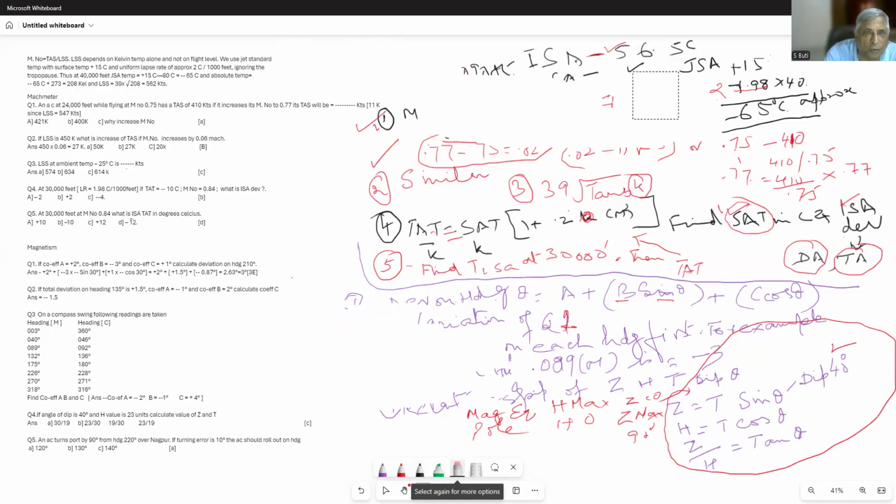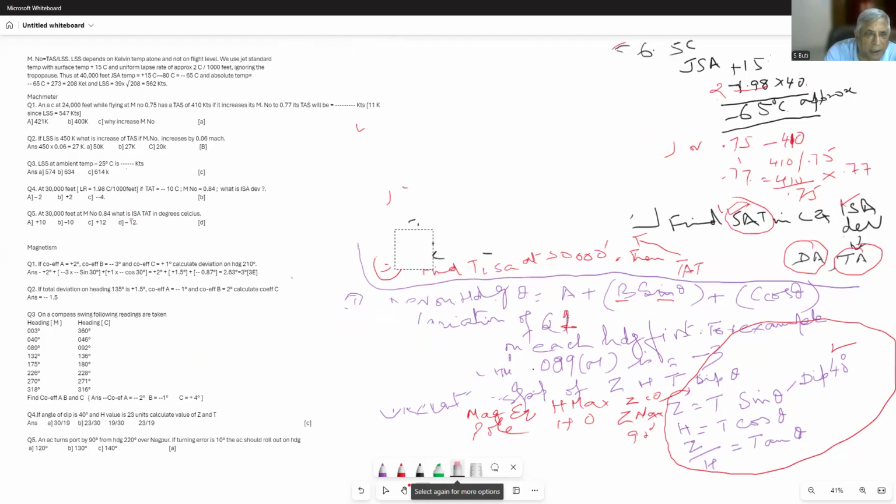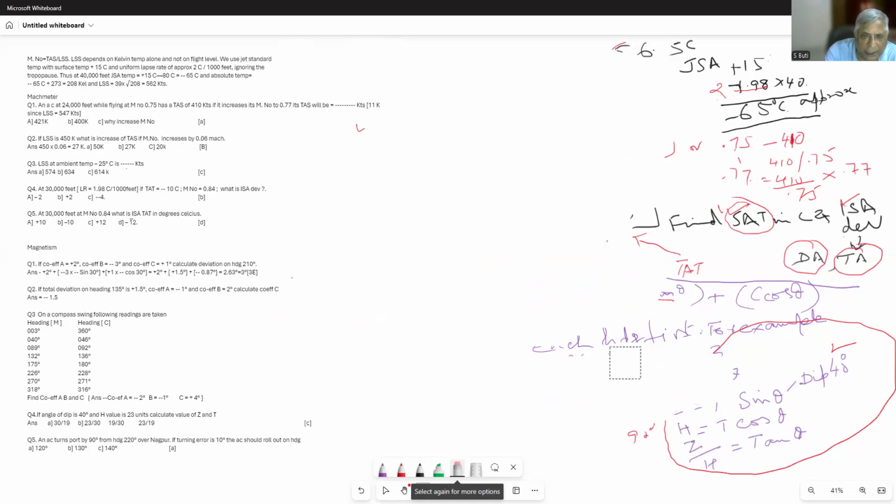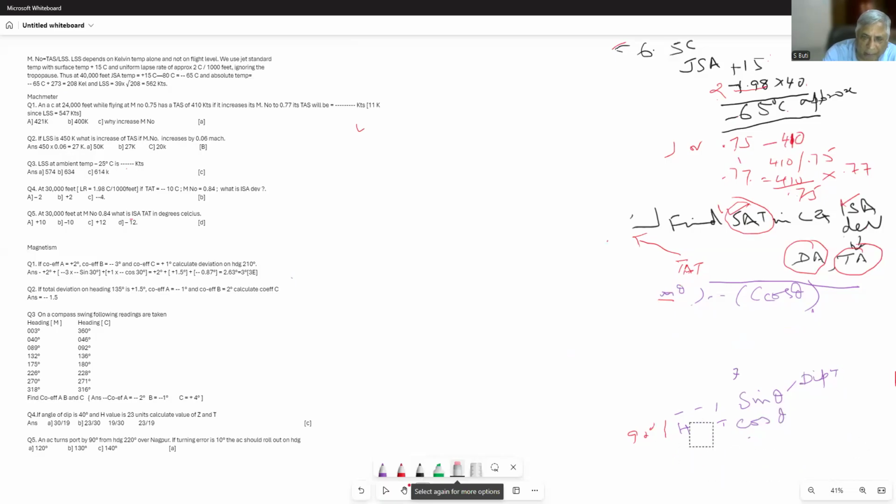And then we will understand what the turning and acceleration errors are in a direct reading magnetic compass, called DRMC, also called DIC, direct indicating compass.